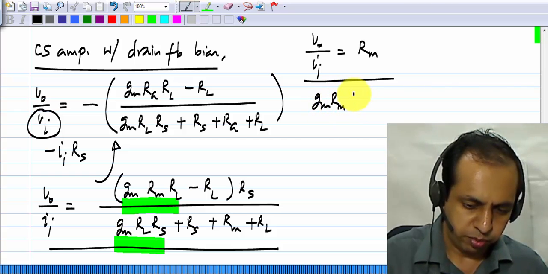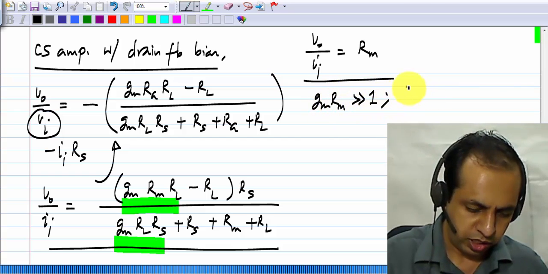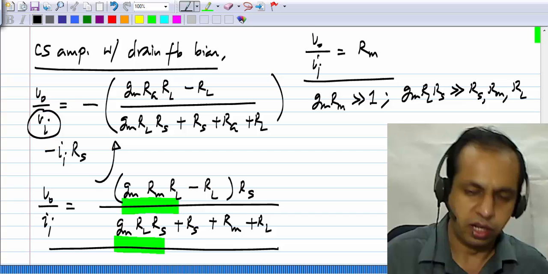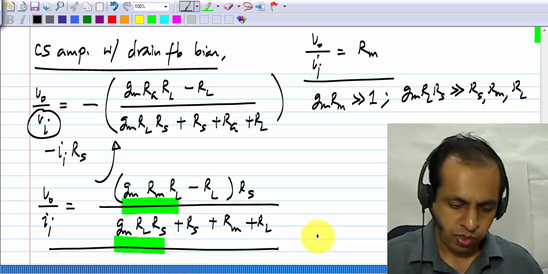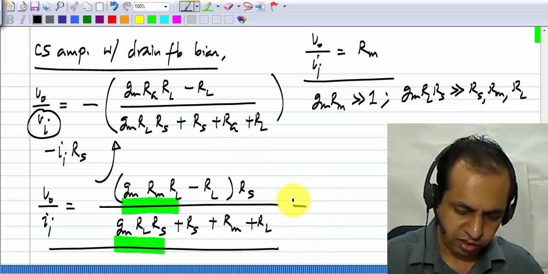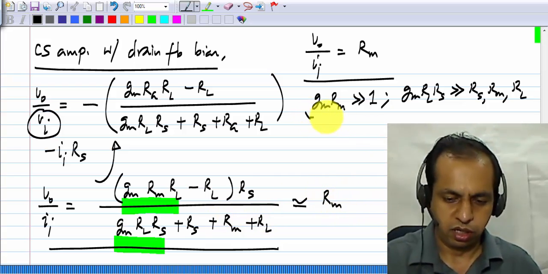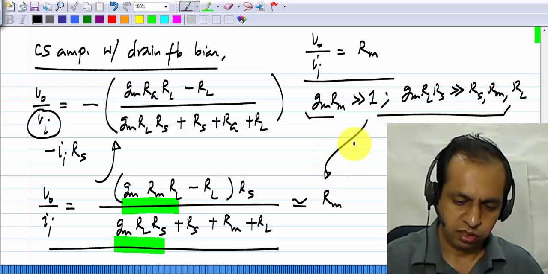If Gm Rm is much more than 1 and Gm RL Rs is much more than Rs, Rm and RL, in this case clearly you can see that this approximately equals Rm, okay, under these conditions.